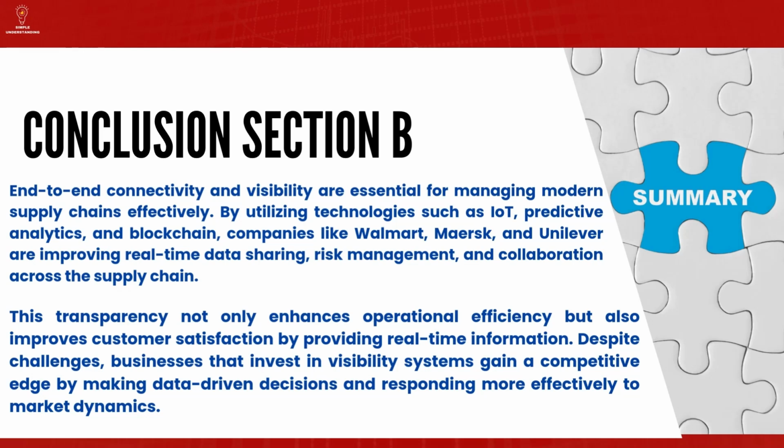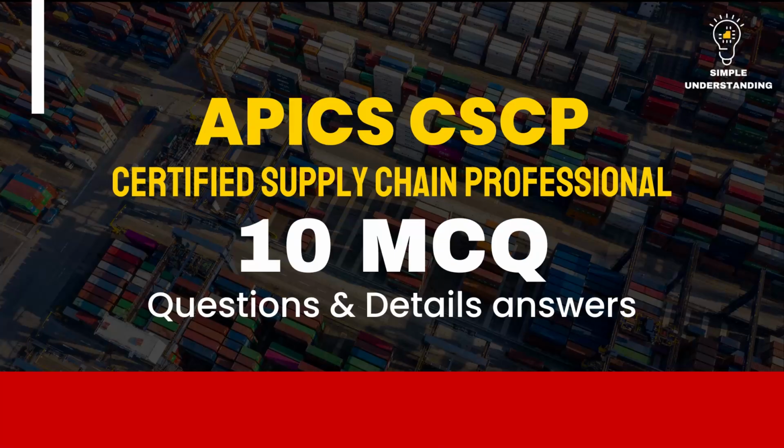This transparency not only enhances operational efficiency, but also improves customer satisfaction by providing real-time information. Despite challenges, businesses that invest in visibility systems gain a competitive edge by making data-driven decisions and responding more effectively to market dynamics. Let's take a sample practice test for Section B.